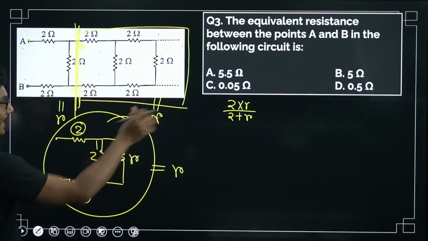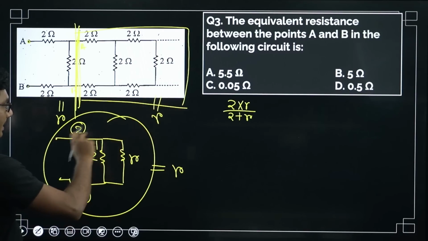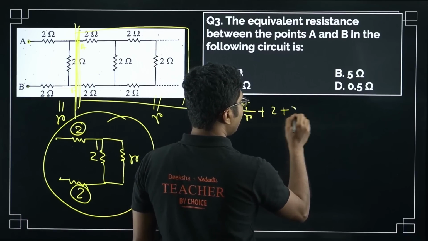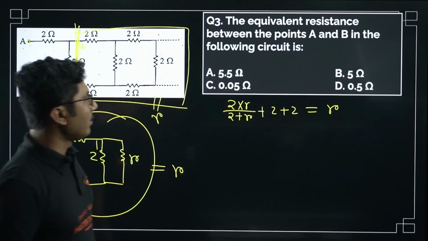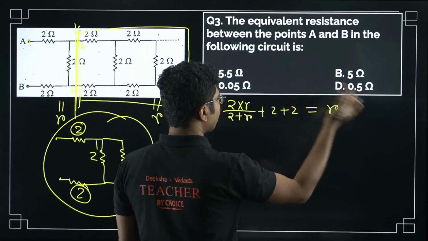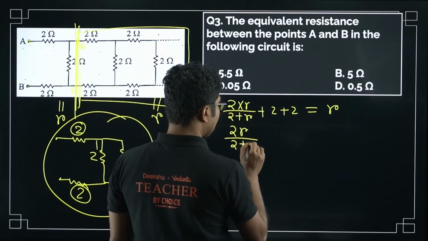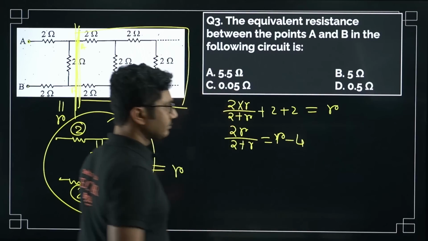Now that entire equivalent resistance we have calculated there, they are all connected in series, so plus 2, and that is equal to r, right? Now we have to take this portion to the other side. So 2r divided by 2 plus r equals r minus 4.